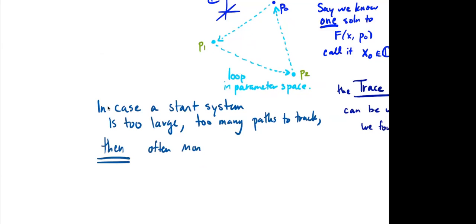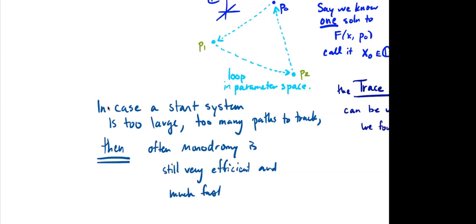often in practice we find that monodromy is still very efficient and much faster than following all the paths of some start system.